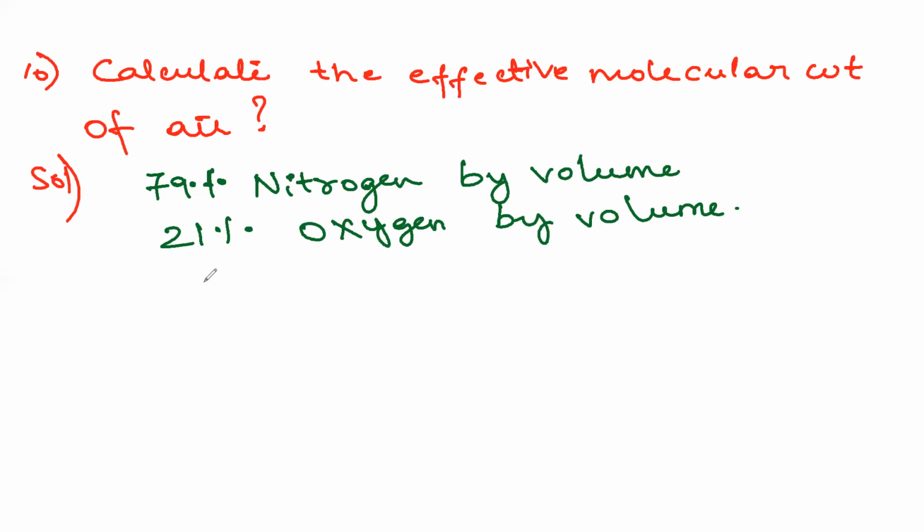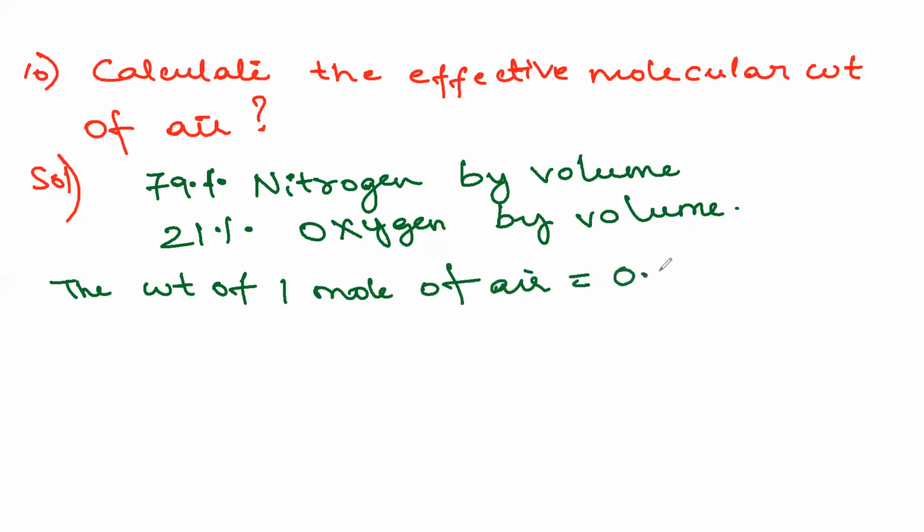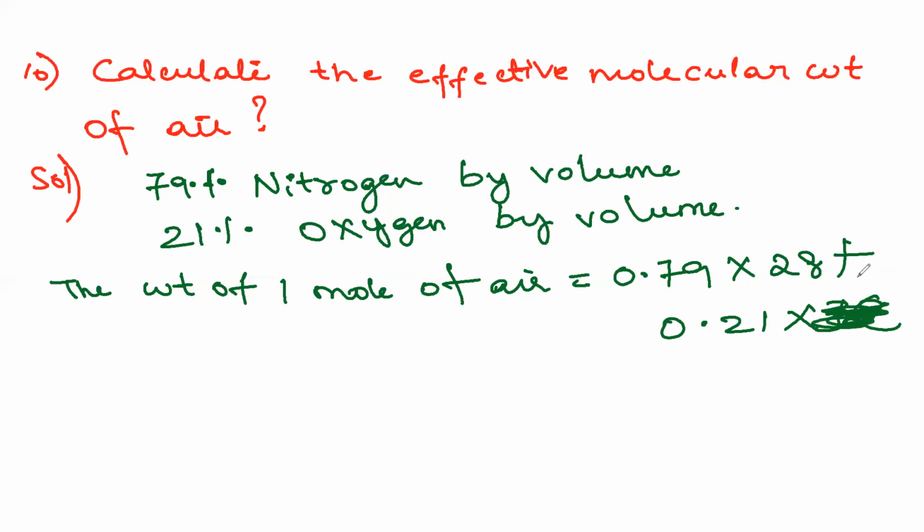Oxygen by volume. So the weight of 1 mole of air is equal to 0.79 into 28, because the atomic weight of nitrogen is 28, plus 0.21 into 32, because for oxygen you have to take the molecular weight 32.